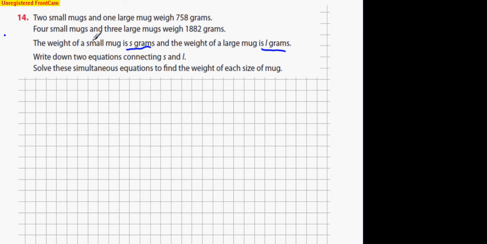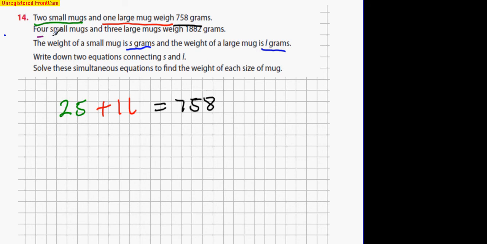Okay, the weight of two small mugs is 2 multiplied by S. Now, one large mug is going to be plus 1L, and that equals 758 grams.